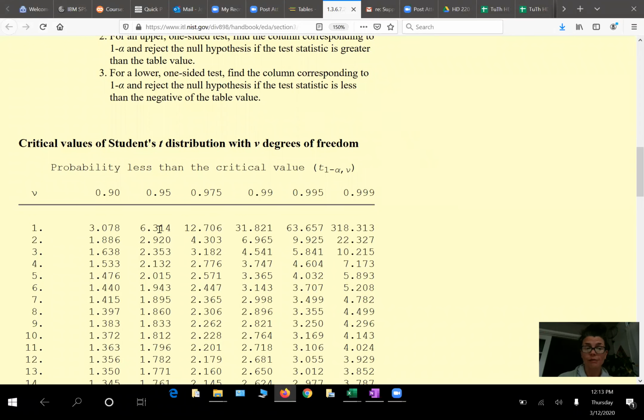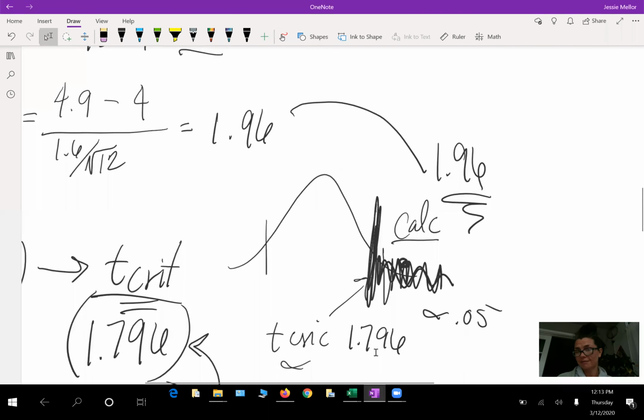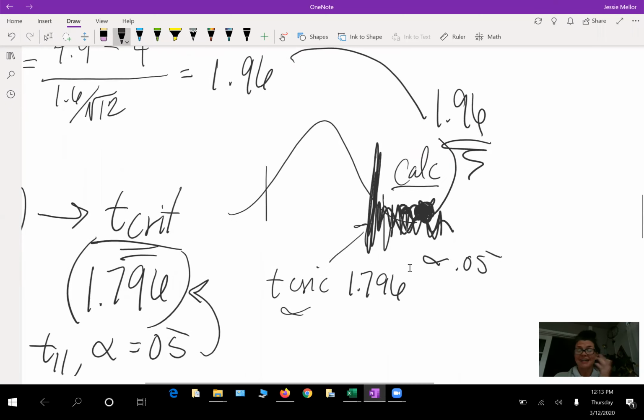We had 12 trout, so our degrees of freedom are 11. So 1.796 is our critical area of rejection. Since that 1.96 calculated is greater, it falls within the tail, we can reject. It was greater than. We have a 5% chance that this difference isn't significant, right?